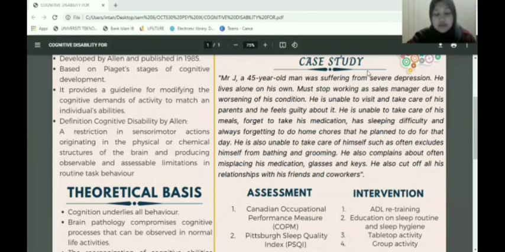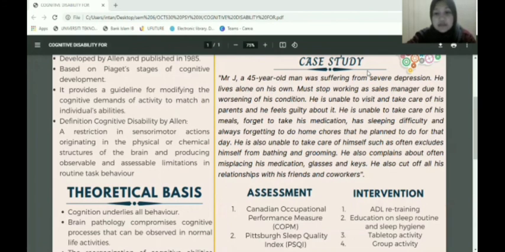And then for this problem, we can do a tabletop activity, which is any activity that's suitable for Mr. J in terms of his condition and age that can improve cognitive function.